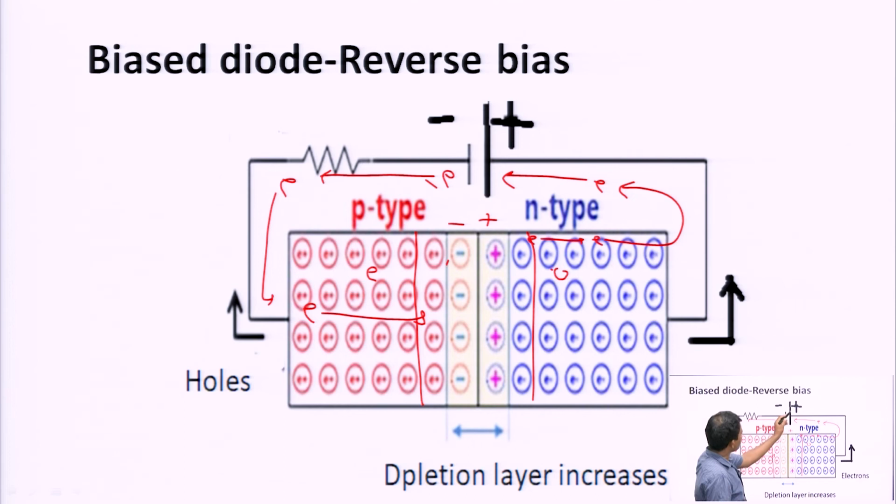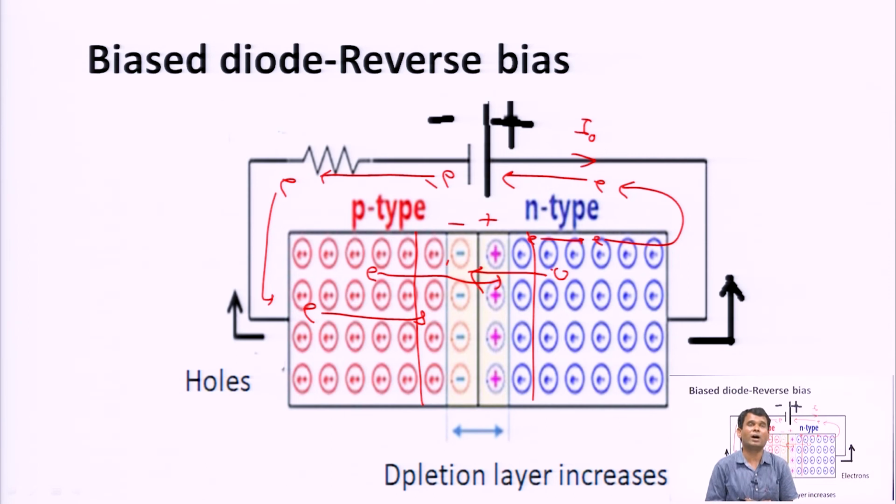Then this positive plate will repel the holes, and this negative plate will repel the electrons, and this unbiased potential barrier will also support the minority charge carriers to conduct. This means minority charge carriers can easily conduct, and due to this a reverse current starts to flow, and this reverse current is called I naught.